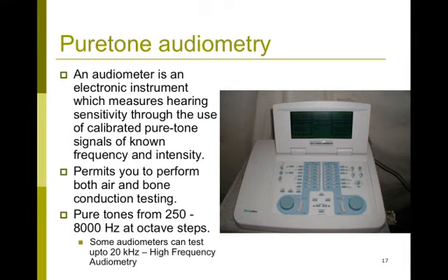Most diagnostic audiometers let you test both air and bone conduction modes. And the pure tones that are conventionally used range from 250 to 8,000 hertz in octave steps, namely in doubling of frequencies. So we test 250, 500, 1000, 2000 hertz, 4000 hertz, and 8000 hertz.